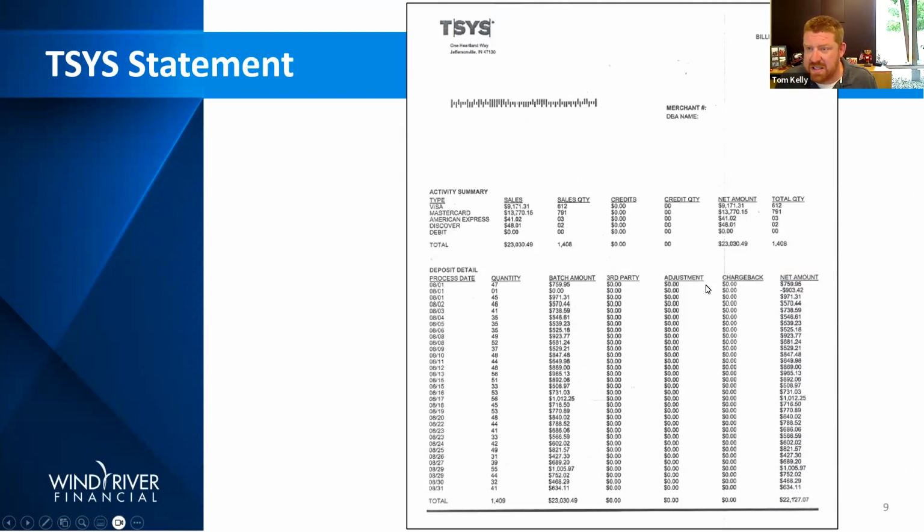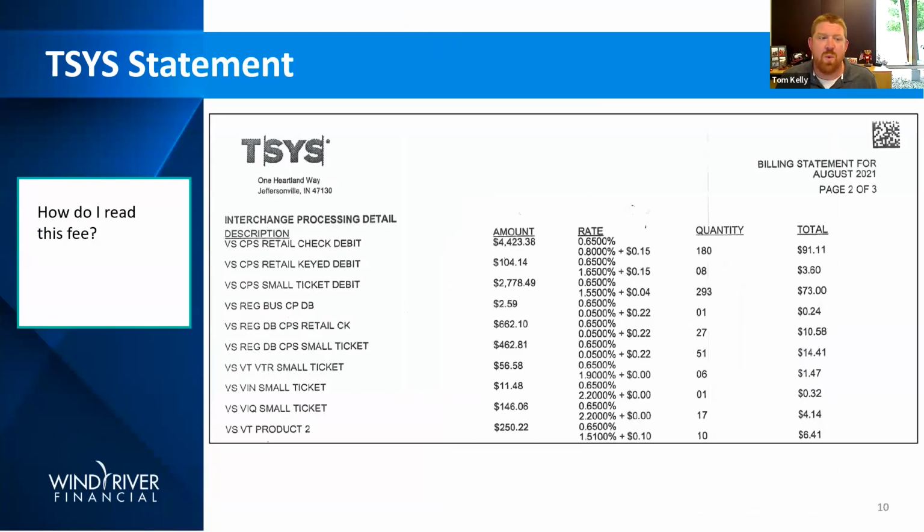From there, they're going to get into your daily batch totals. But then where your fees come from, what TSYS does here is where Heartland broke it out as a separate line item. What TSYS is doing is this bottom number right here is the interchange rate or the card brand fee. This top number right here is going to be their markup.